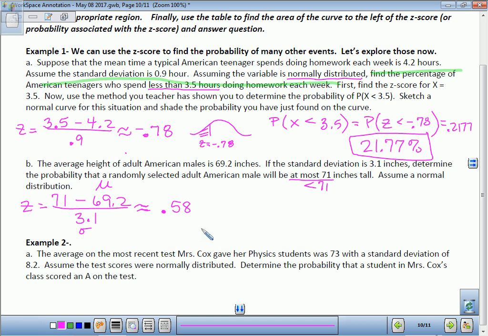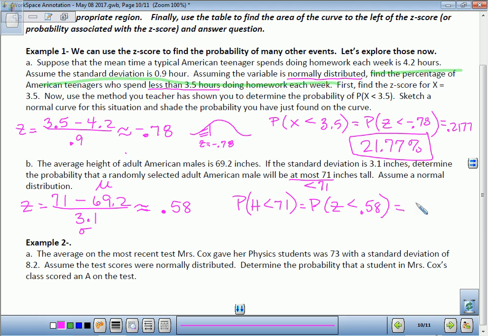0.58. So what we're looking for is a height that is less than 71 inches. But that height converts to a z-score that is less than 0.58. Please look up the z-score for positive 0.58.